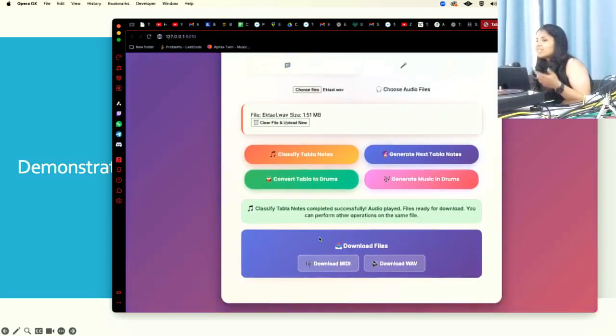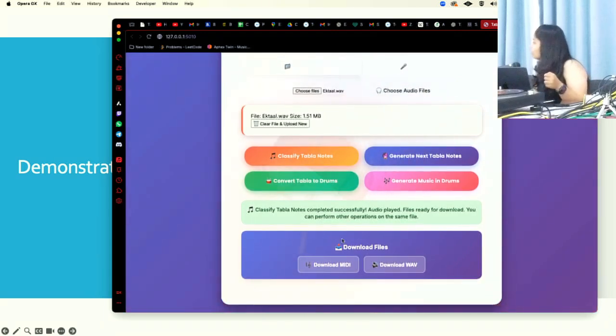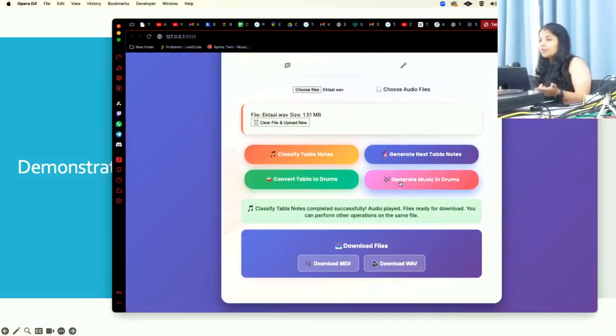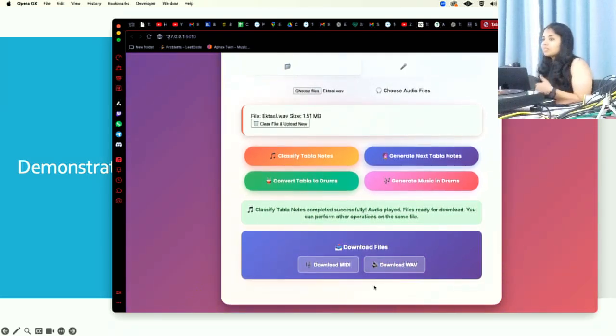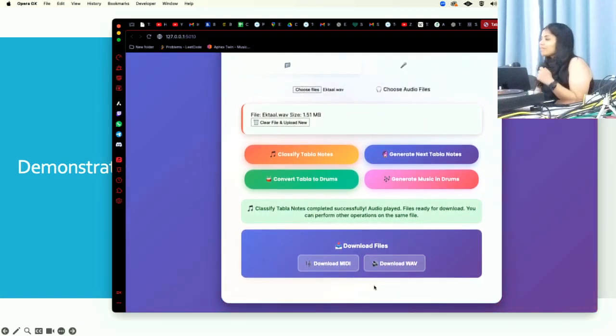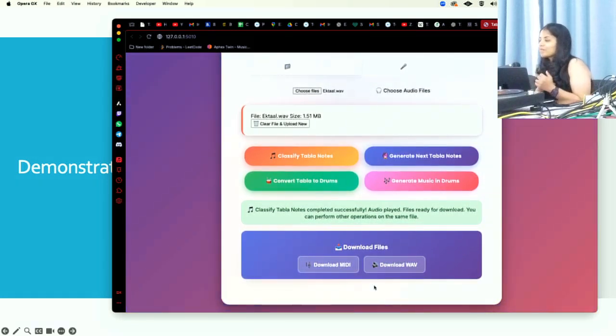So the idea is that if you load any tabla file, it'll give you the classification of the notes and also give you a MIDI file that you can put into your system. So I think it acts as a really interesting learning tool right now.